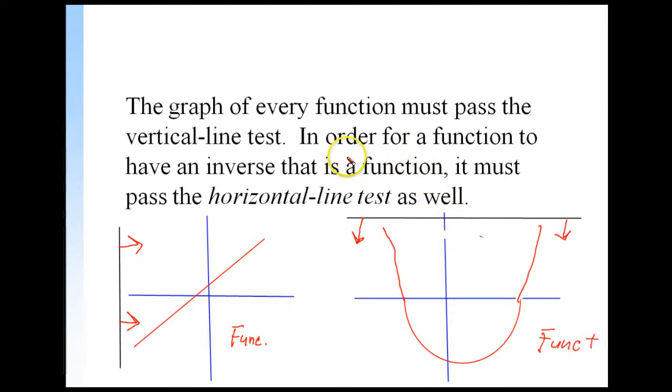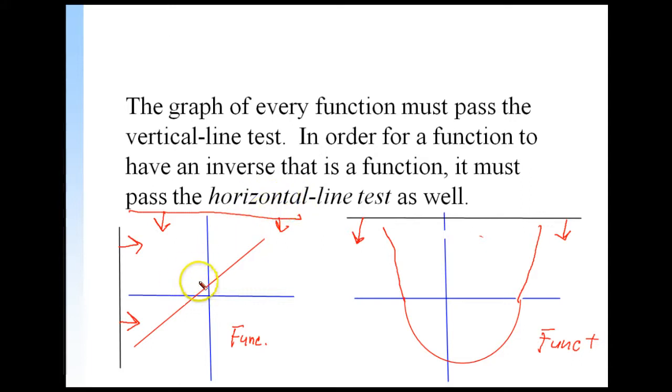Now, we also have what is called the horizontal line test. I didn't put the horizontal line over here. Let's do one. As this comes down, does this horizontal line intersect this graph at only one place? And the answer is yes, it does. So it passes the horizontal line test.